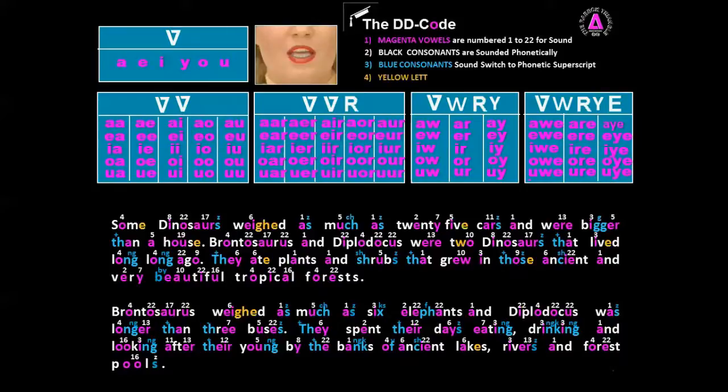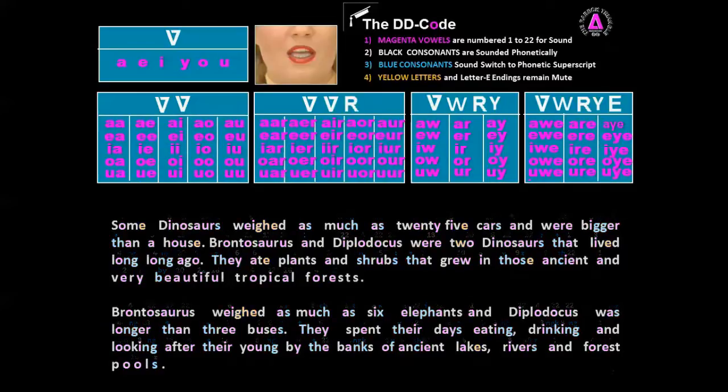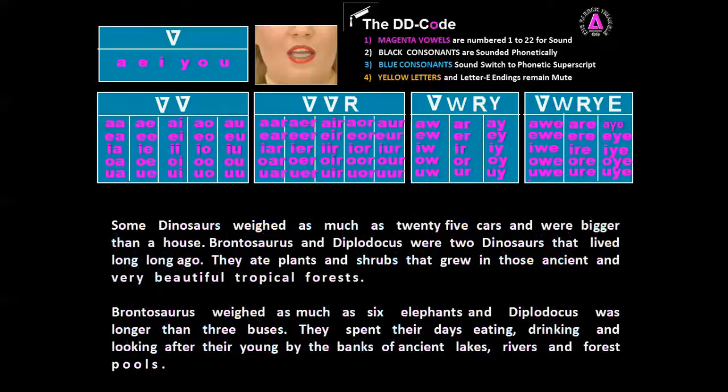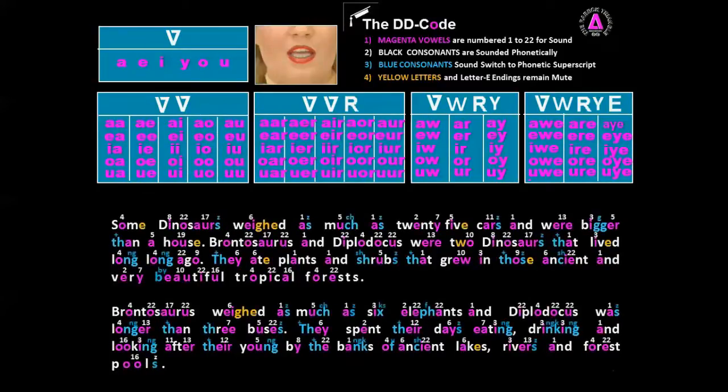Yellow letters and letter E endings are silent. They remain mute. The master key, covering some 2 million words of English with a myriad of sound-to-letter code irregularities and complexities, compounded and compiled over the past 4,000 years, is now determined by a single four-way sound-to-letter key, the DD code.